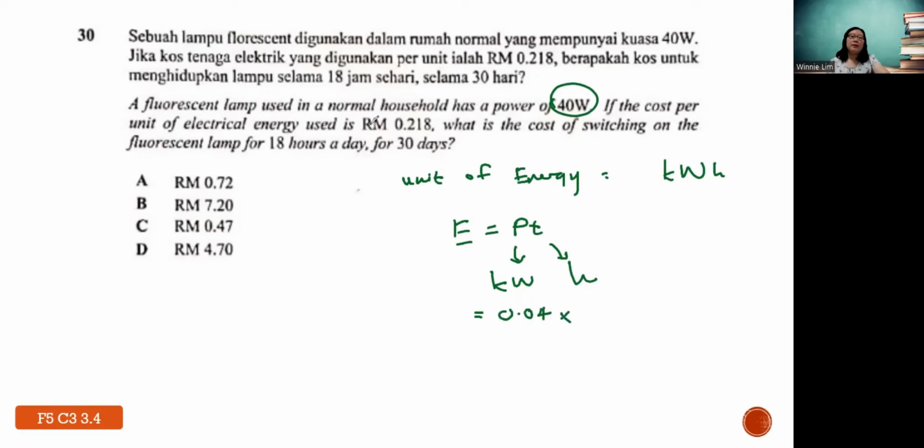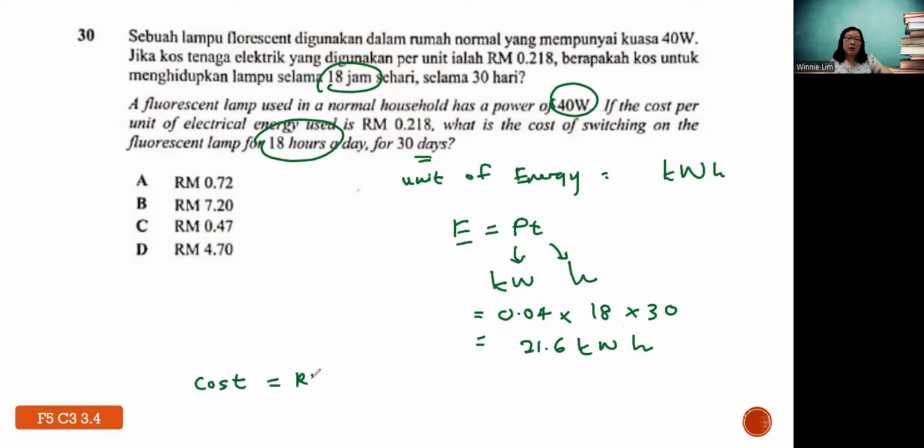Then the time they already give in terms of hour and 30 days. So 18 times 30. Then you have the answer in terms of kilowatt hour first. Then the cost will be this much of cost times 21.6. Then in the end you will get the answer as D, 4 ringgit and 70 cents.